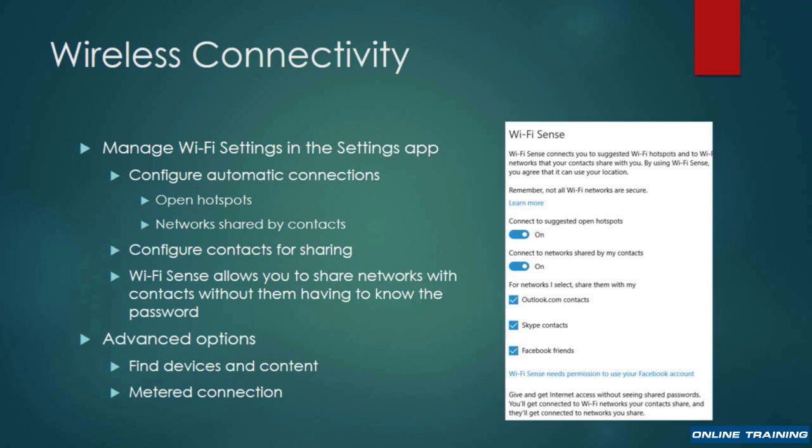It allows you to share networks with contacts, and the key is that you can share networks with them, and they can share networks that they know about with you, and they don't need to know the password. So if this was at my home or something, then I could turn on Wi-Fi Sense or leave it turned on.